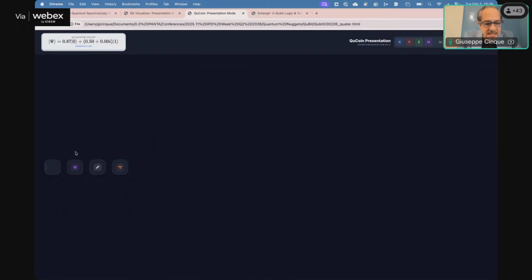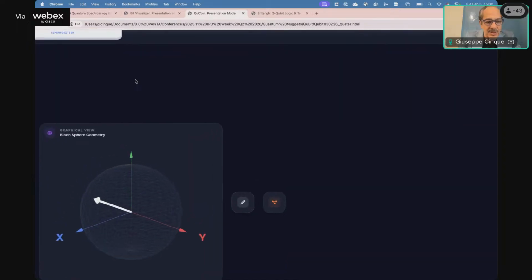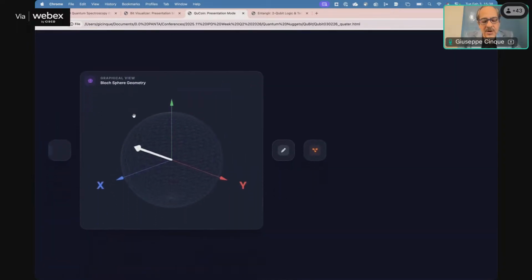The only difference is that usually in the quantum books, in quantum simulators and quantum systems, you don't see a coin. You see an abstract representation of a vector over a sphere. You remember there was that condition that a squared plus b squared should be equal to 1.